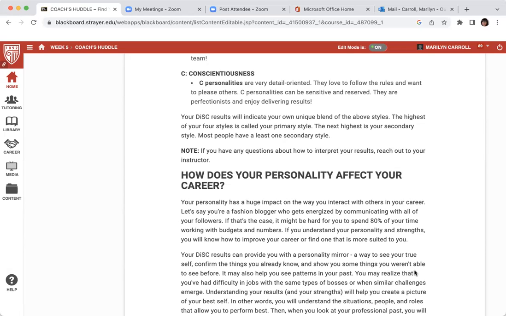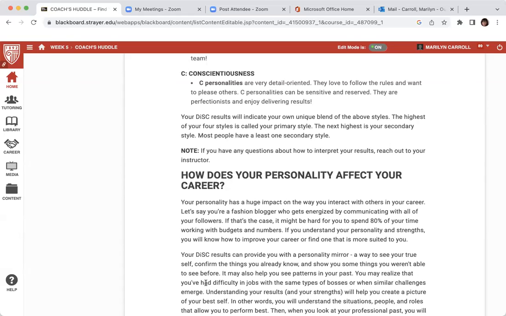Your DISC results can provide you with a personality mirror. Isn't that something? A way to look at yourself, a way to see your true self, confirm the things you already know, and show you some things you weren't able to see before. It may also help you see patterns of your past.